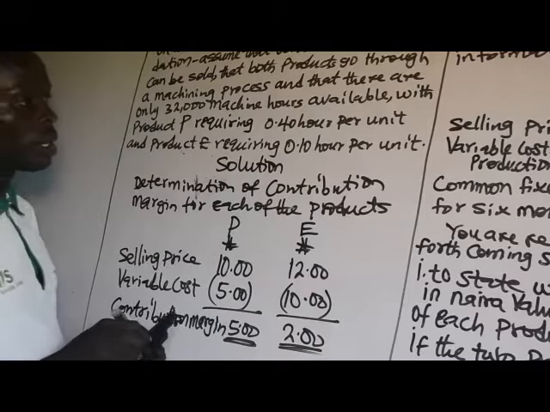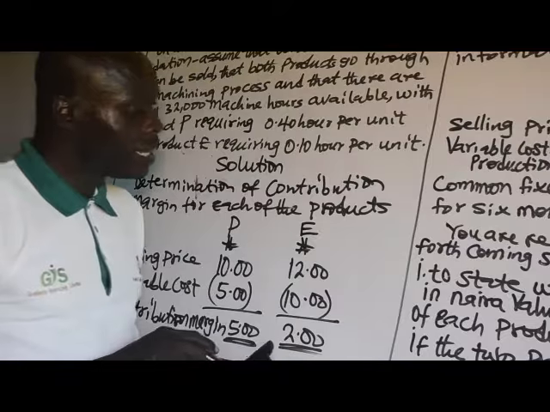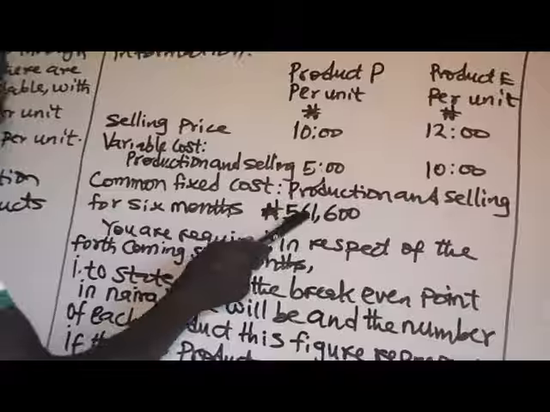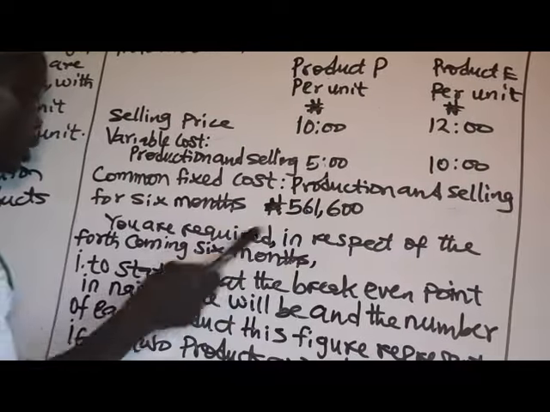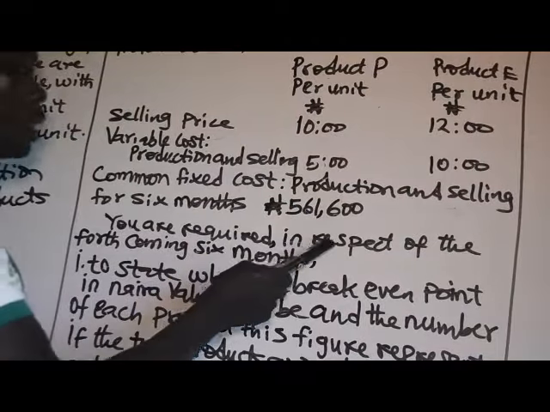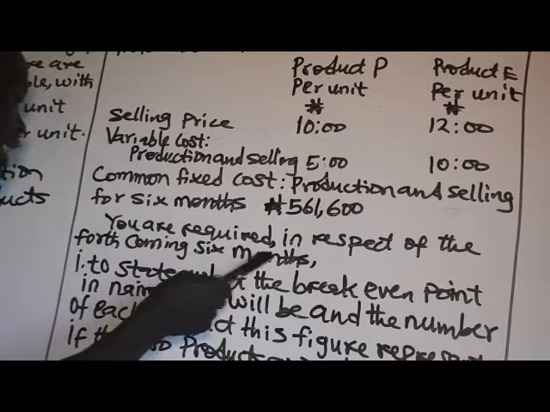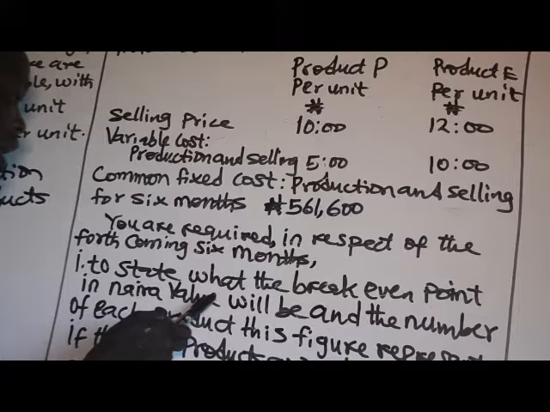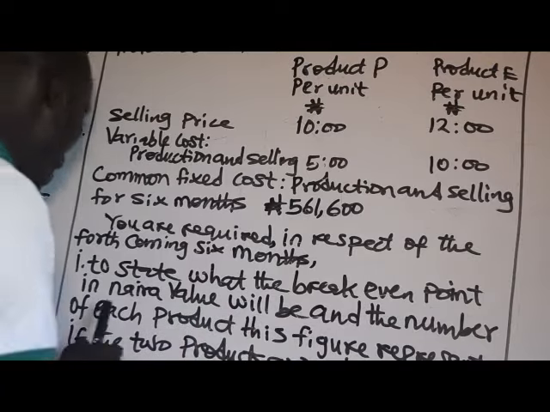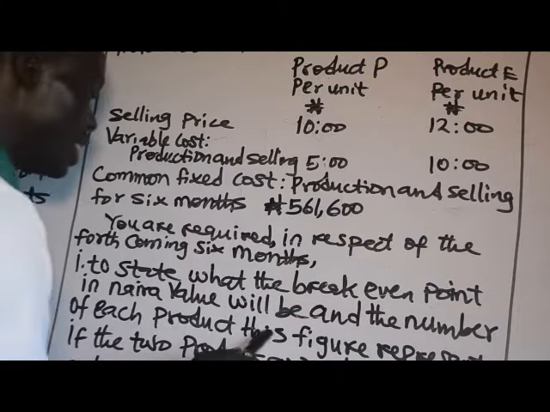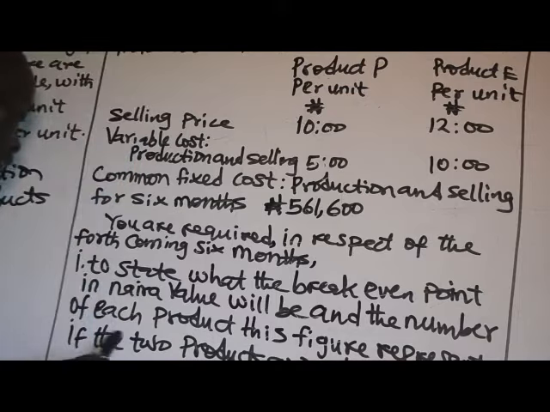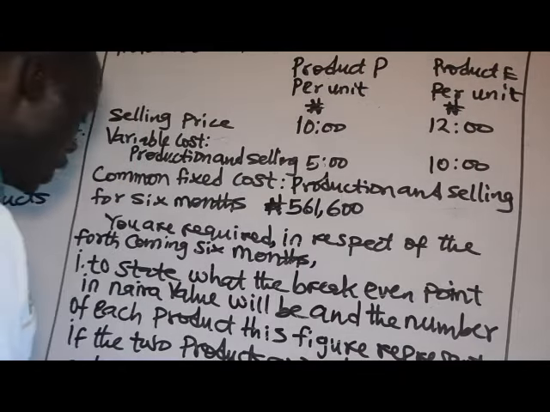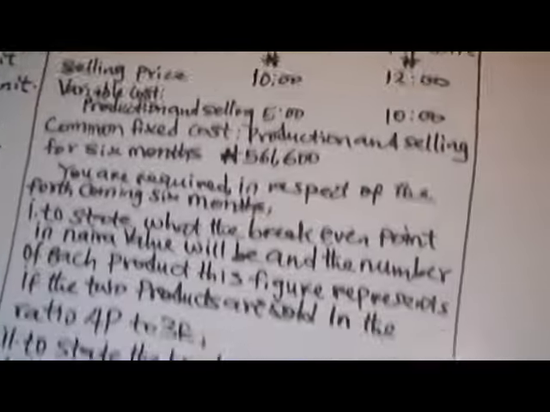Now, after this, let's go back to the requirement. You are given the total fixed cost to be 561,600. You are required, in respect of the forthcoming 6 months, to state what the break-even point in Naira value will be and the number of each product this figure represents, if the 2 products are sold in the ratio of 4 to 3 for P and E respectively.